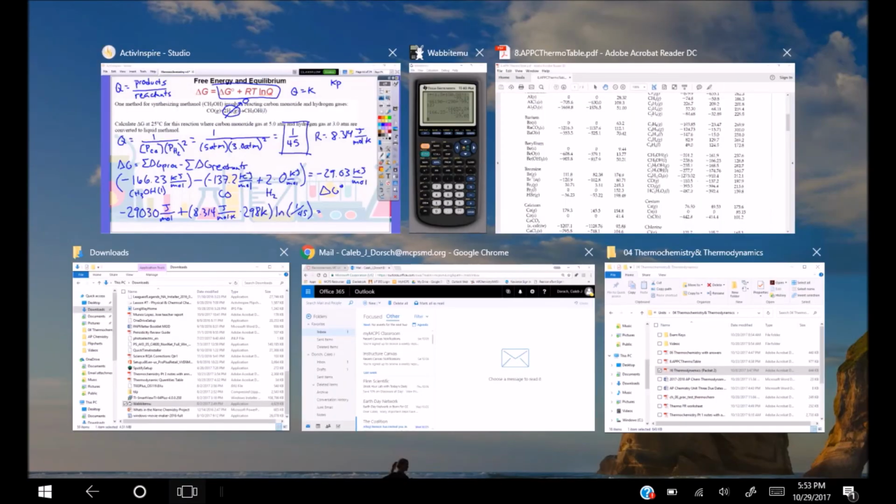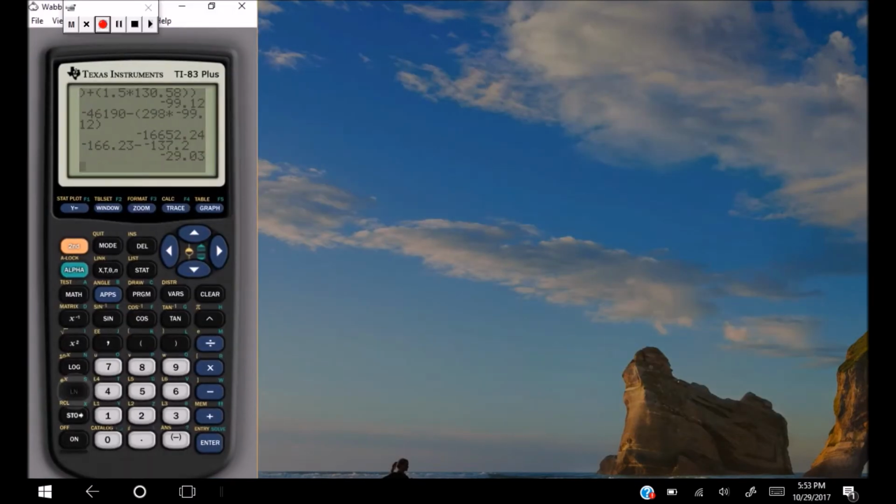So let's see what happens. I'm going to do the natural log first. Natural log of 1 over 45 times 298 times 8.314. That is in joules, so negative 9431 plus negative 29030. And I get negative 38,461 joules.